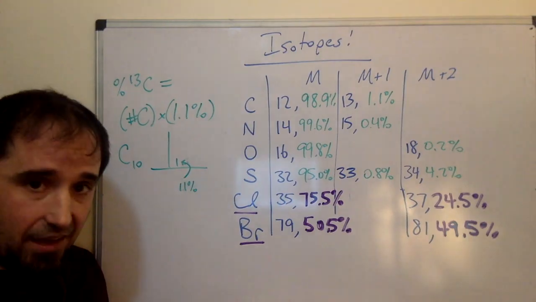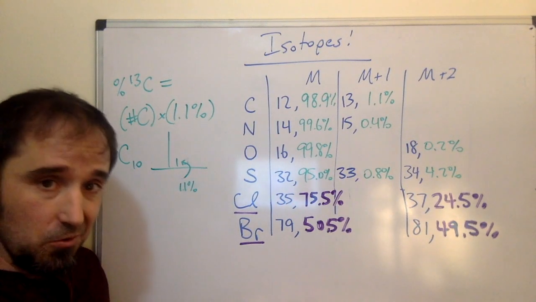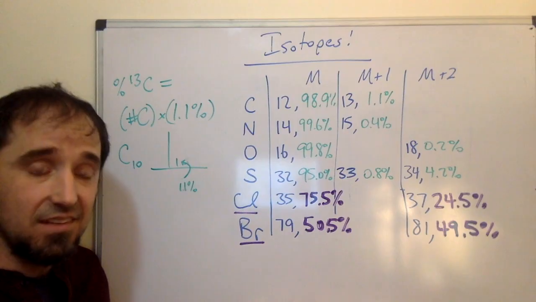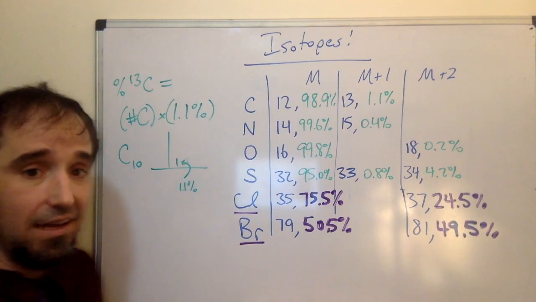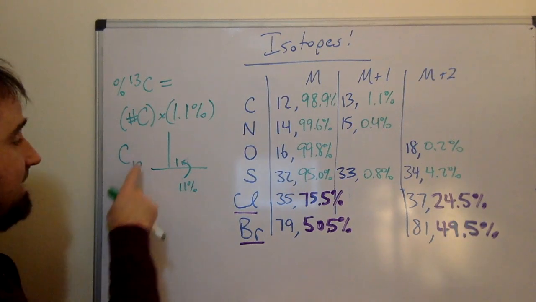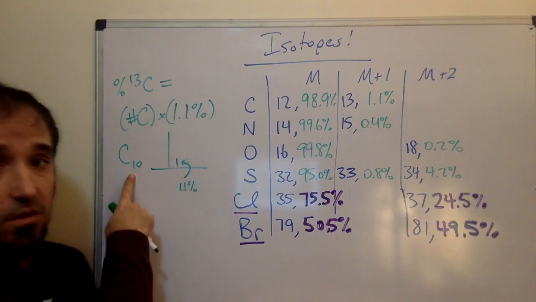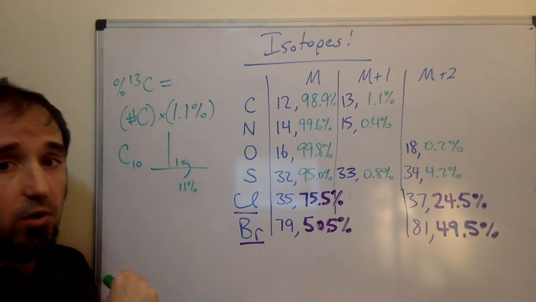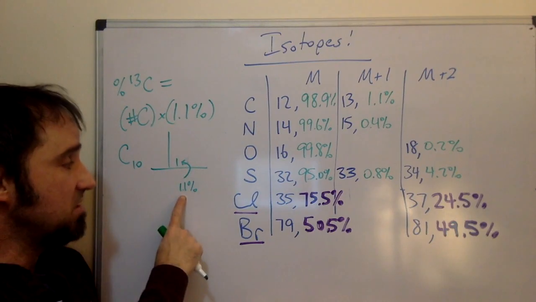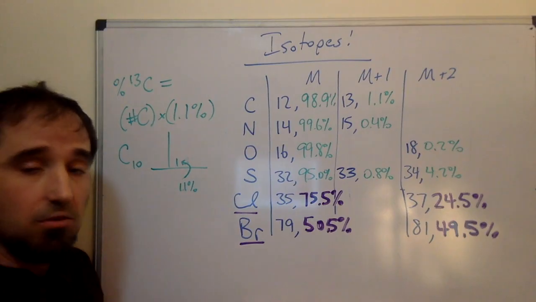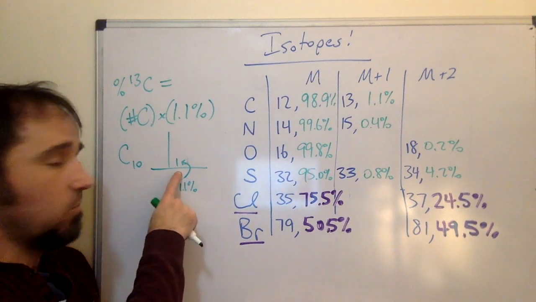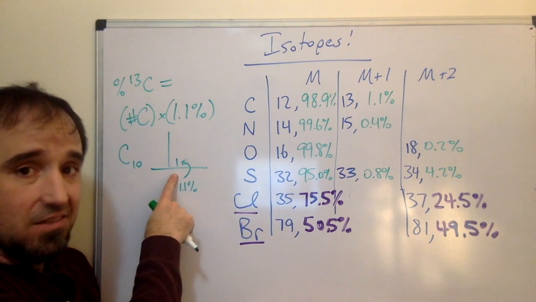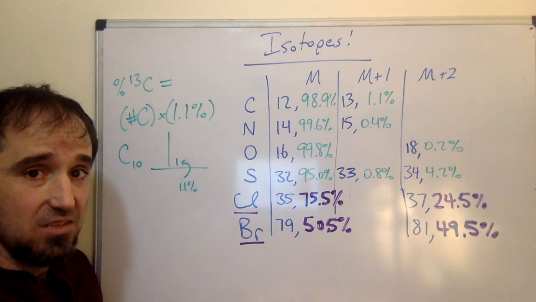So that means that for every carbon I have in a molecule, there's a 1.1% chance it's C13. And so if I have, let's say, 10 carbons in a molecule, then 10 times 1.1, there's actually an 11% chance that any given molecule weighs one more than the others because it has a C13 instead of a C12.